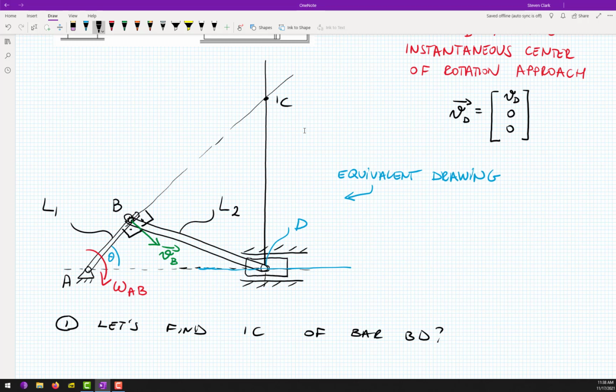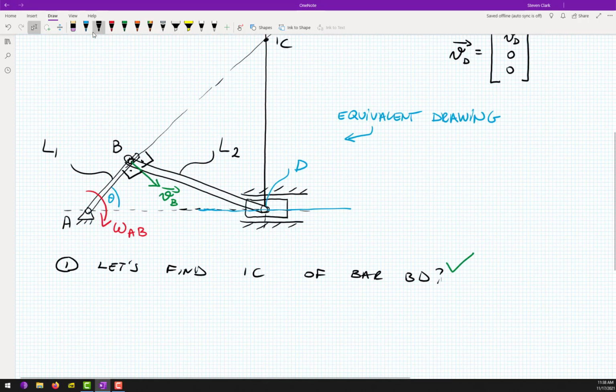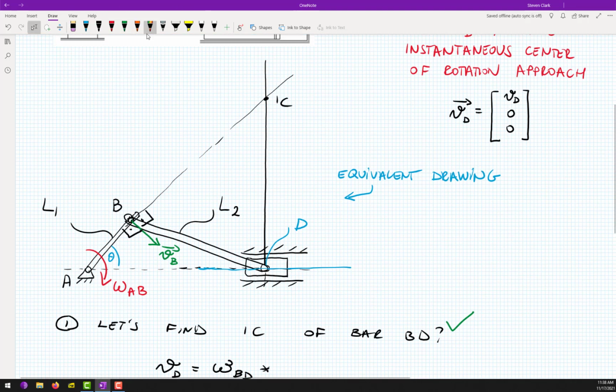All right. So now, what they asked us. It's in the picture, so we're done with this question. Now they ask us to find VD. I think that our VD will be equal to omega BD times this distance.